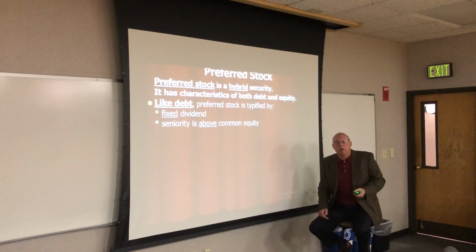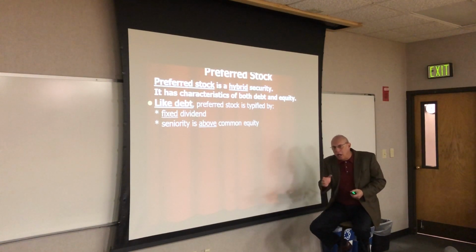Okay, like debt, the security for the owner of a preferred stock is above that, more senior than that of common equity. In other words, when a company goes bankrupt, a line forms out the front door. All the people who are owed money by the company, they get in line, okay, and they want to get paid.